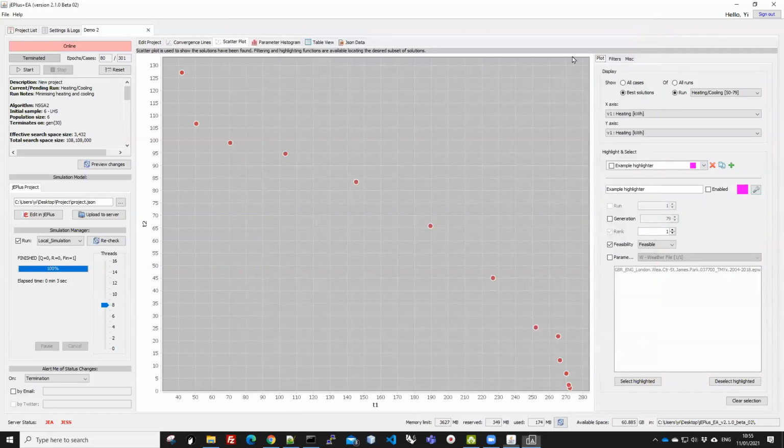But the benefit is it doesn't require you to decide how to combine heating and cooling, but instead gives you a set of choices that you can decide later, and they are equally good from the optimization point of view.